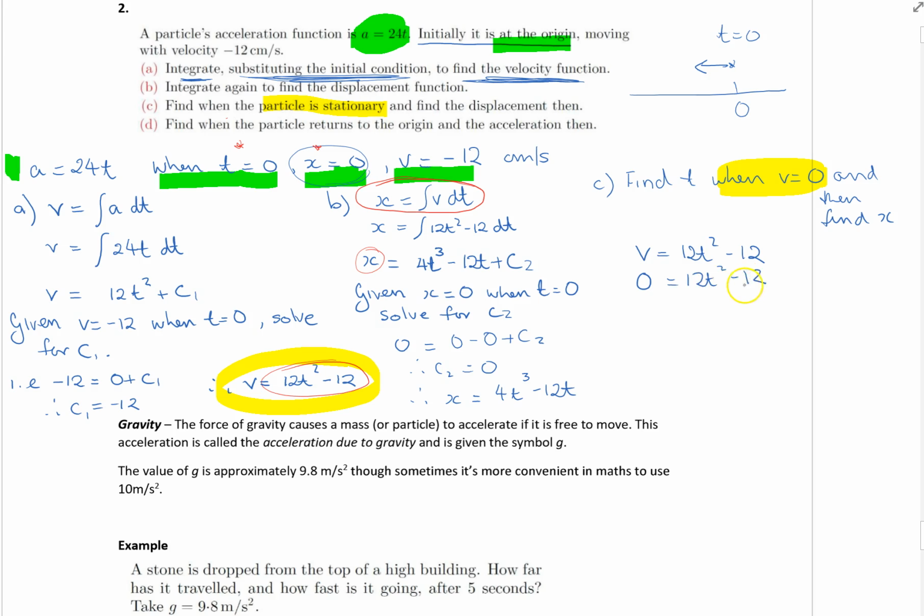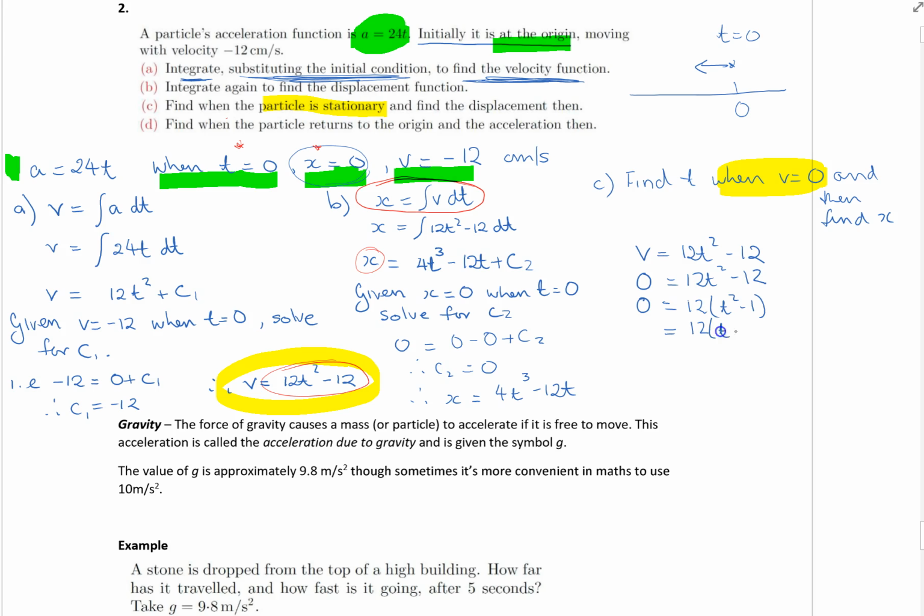It is a quadratic. Let's say 0 is equal to, take out your 12, you'll have t squared minus 1. Divide both sides by 12, or to get this, 12 is never going to equal naught. So how does t squared minus 1 equal naught?